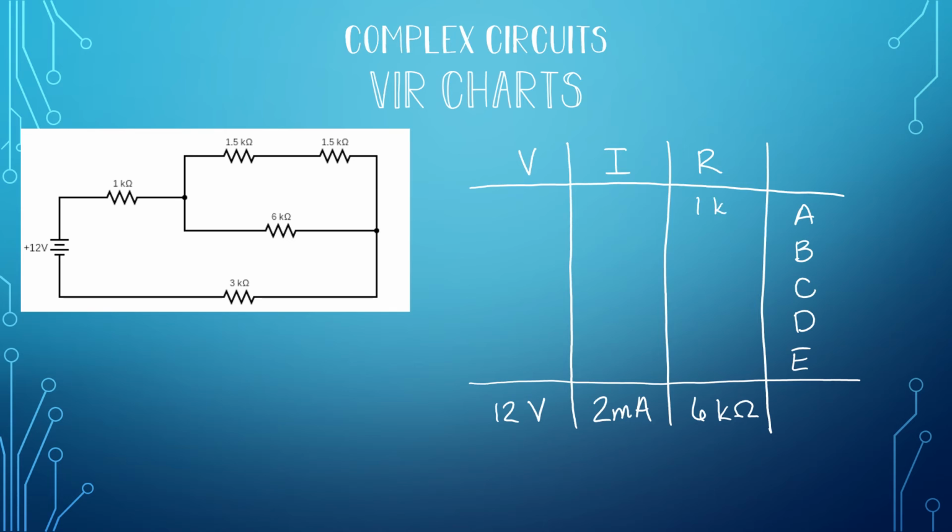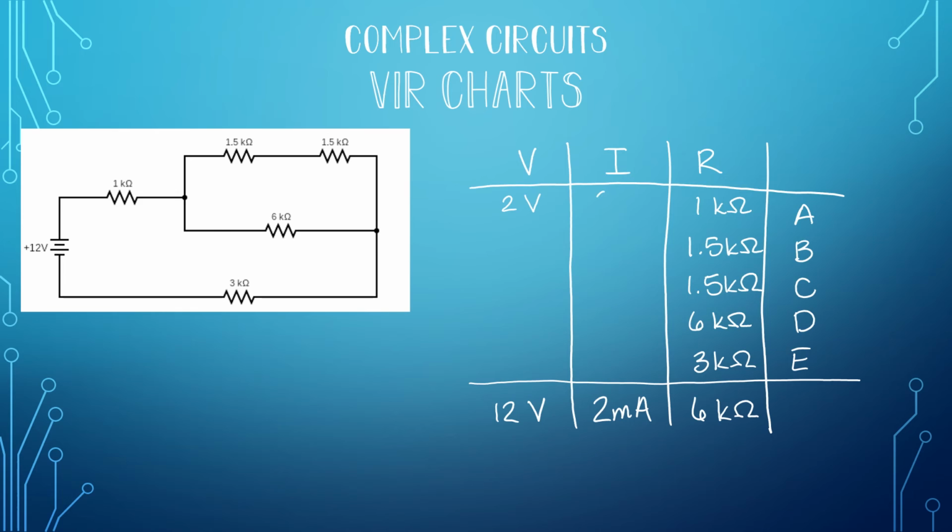And this is 1 kilo ohms. B and C are both 1.5 kilo ohms. D is 6 kilo ohms and E is 3 kilo ohms. Resistors A, D, and E were in our previous chart, so we can just copy those values right on over.